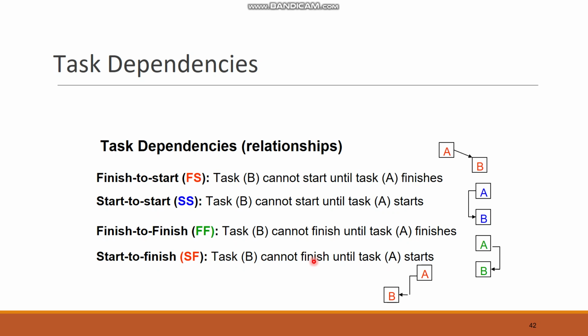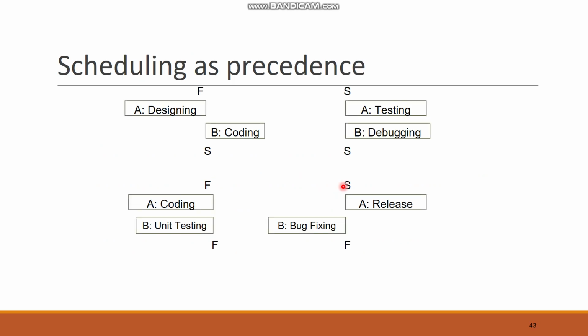Normally, the common type of dependency is finish to start. Task B cannot start until task A finishes. This is the most common dependency that you will see in projects. Scheduling a precedence, for example, you have design and coding.